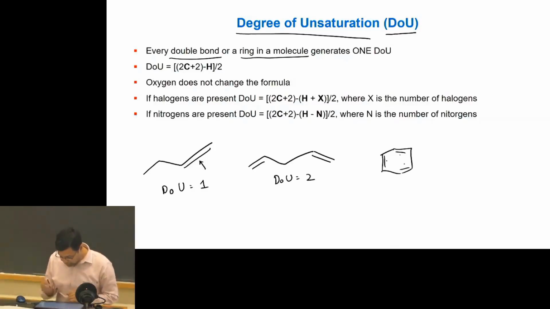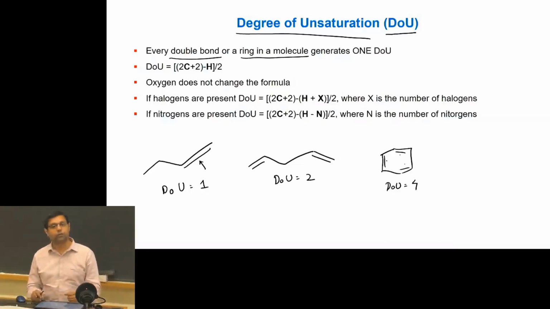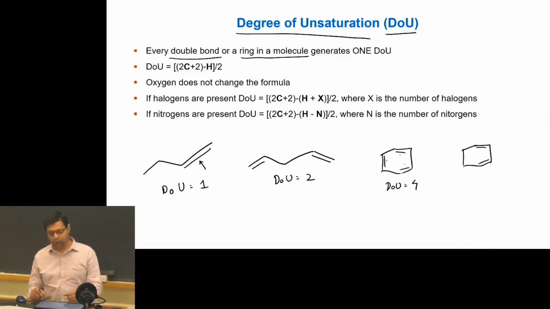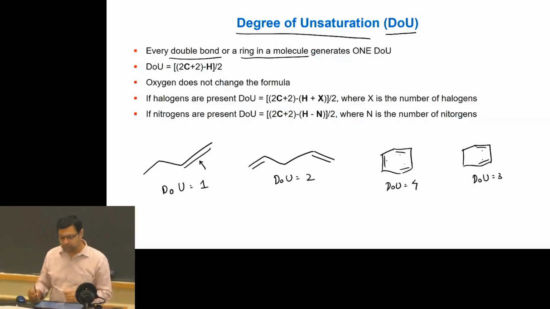You have 3 pi bonds and 1 ring. That's a total of 4. So the degree of unsaturation for this molecule is 4. If I have this molecule, 2 pi bonds plus 1 ring, so the degree of unsaturation is 3.